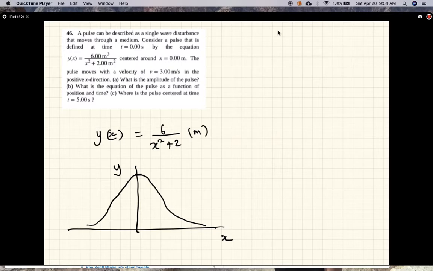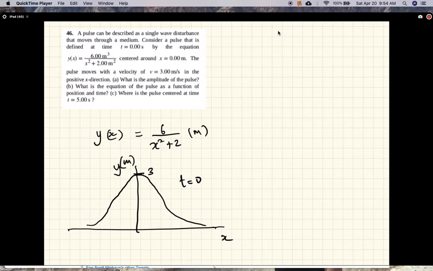This is the pulse at t equal to 0, and it peaks at x equal to 0, and you can calculate for x equal to 0, the amplitude of the pulse would be 3 meters.